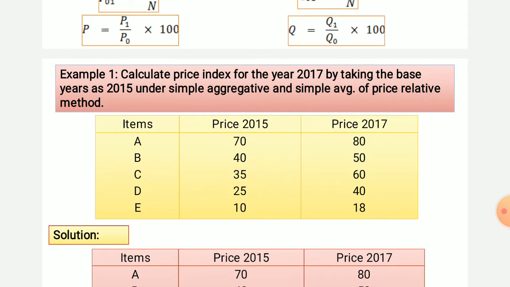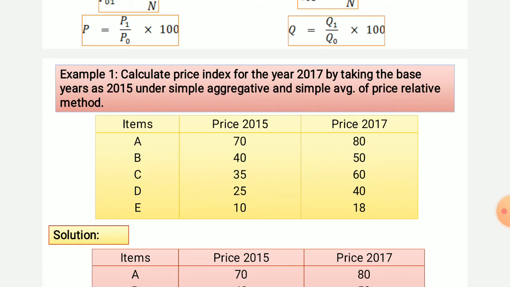Now, first the problem: calculate price index for the year 2017 by taking the base year as 2015 under simple aggregative and simple average of price relative method.